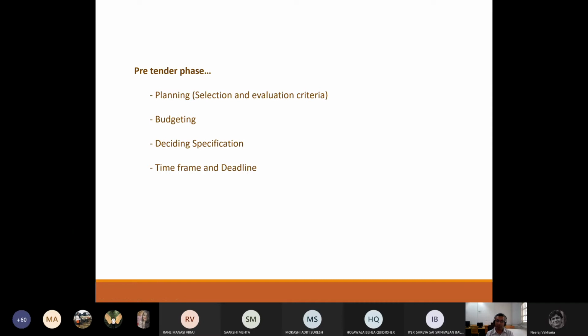Before you make the tender, naturally the architect has the responsibility of fixing these things very clearly. He is going to be planning exactly how he intends to get the work done, and what the selection criteria are for inviting the tender or selecting the contractor.